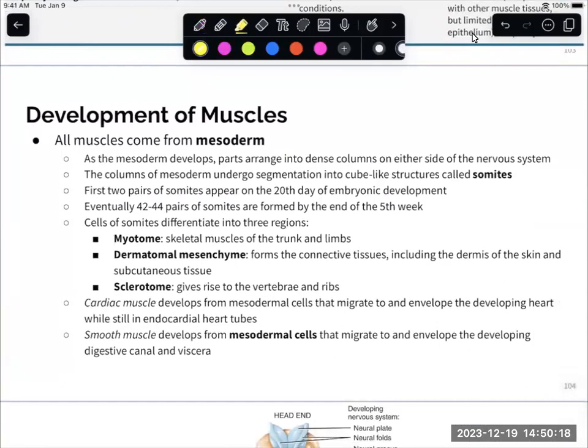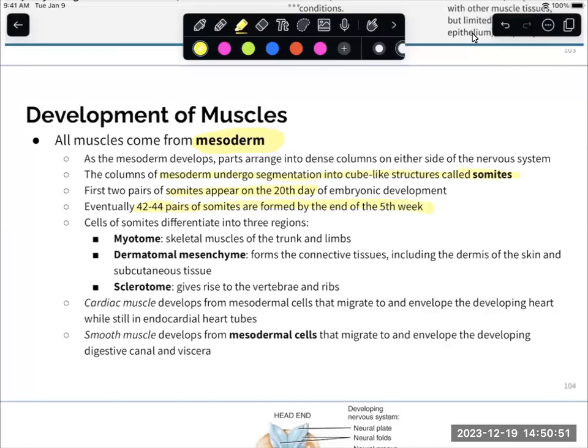All of our muscles come from the mesoderm during embryologic development. That mesoderm is going to go through segmentation to form somites. We see the first somites at the 20th day of development. Eventually, we're going to have 42 to 44 pairs of somites by the 5th week.